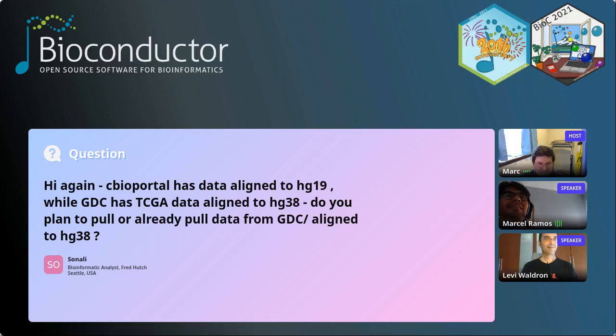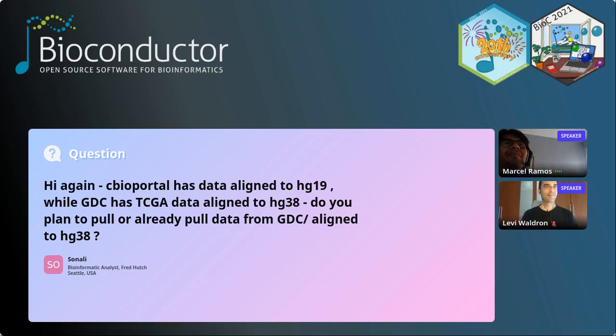So the question is, there's a discrepancy in the reference genome that was used for these data sets. GDC uses HG38, cBioPortal HG19. So do we plan to pull data from GDC? There are a couple of ways you can do that.